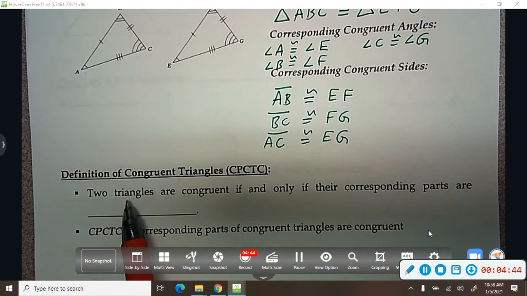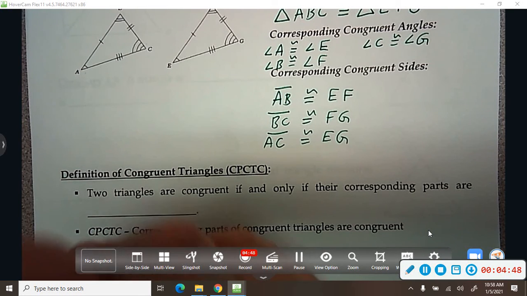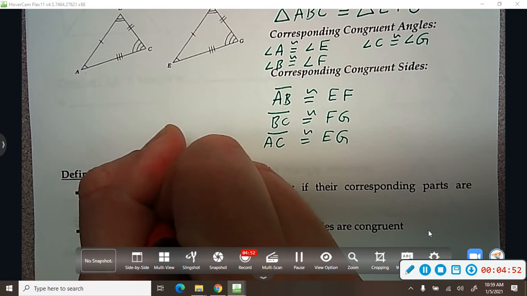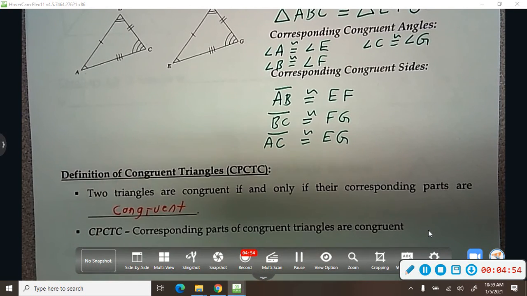Two triangles are congruent if and only if their corresponding parts are congruent. So if all the sides are congruent to the other sides, and all the angles are congruent to the other angles, then we can use the CPCTC, and we can say that the triangles are congruent.